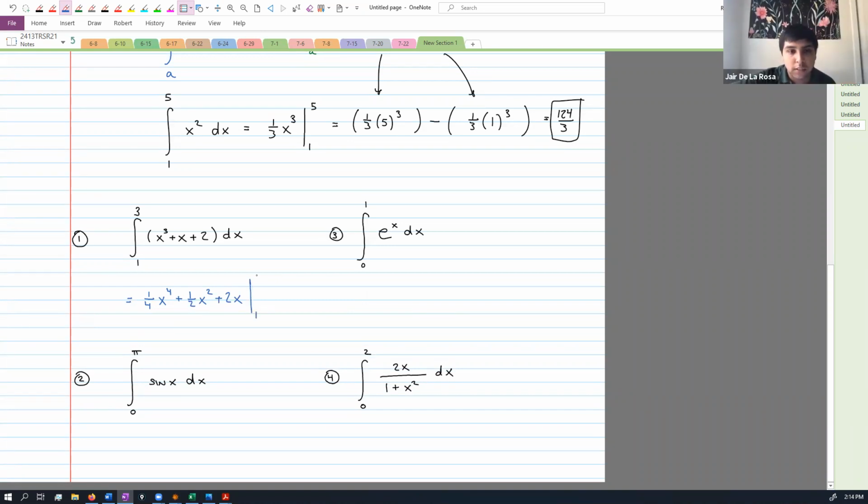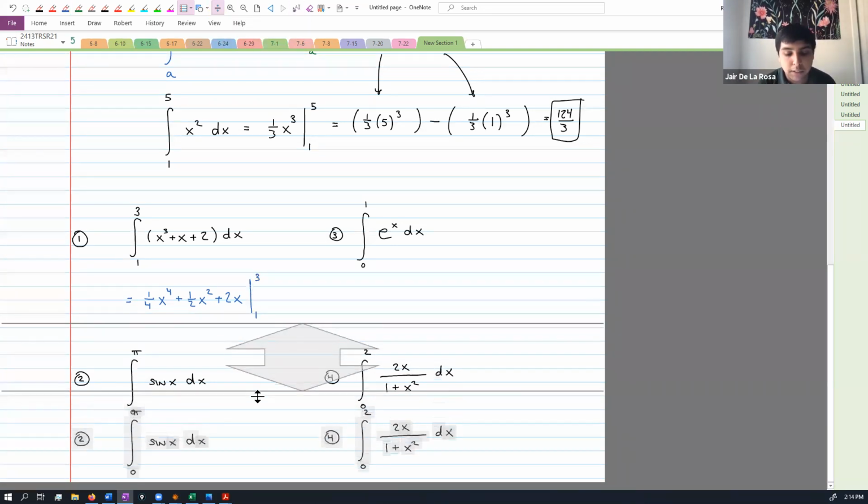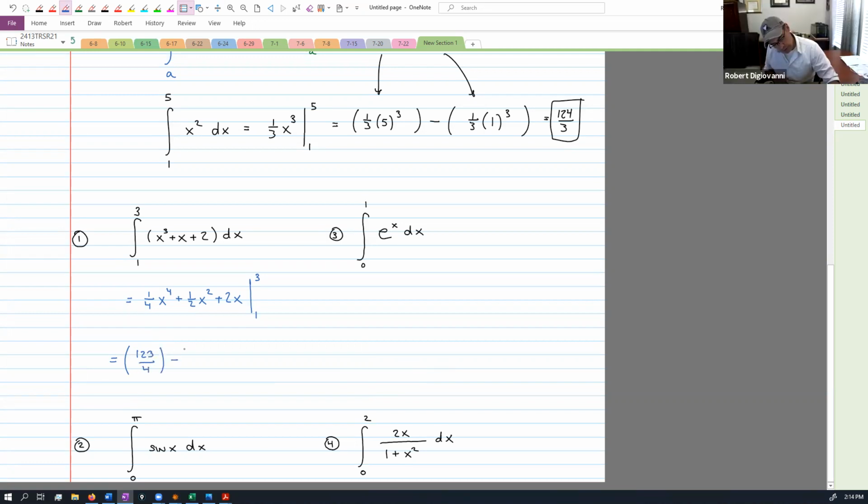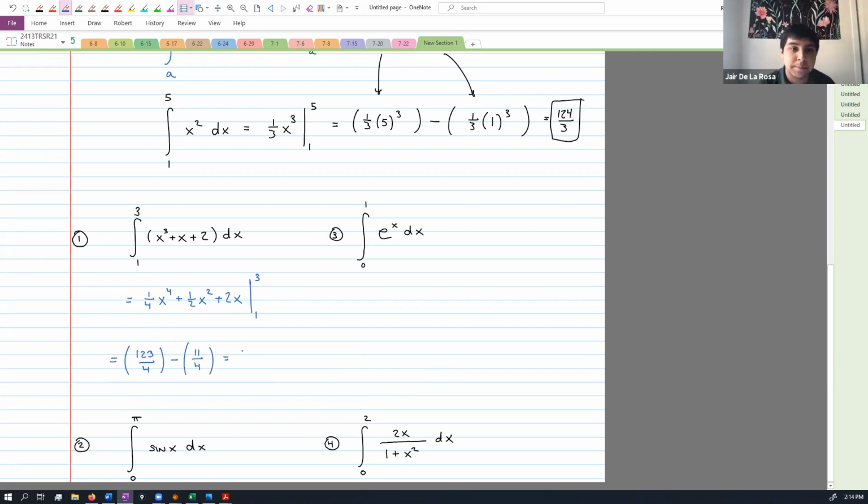And 1 and 3. And then I evaluated it, and for big F of B, I got 123/4. Oh, you simplified it already? Yes. Okay, 123/4, and then minus 11/4, and then you get 28.